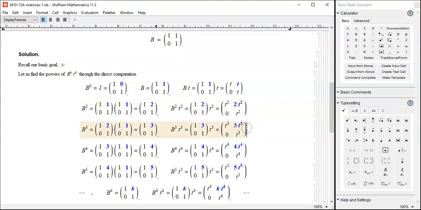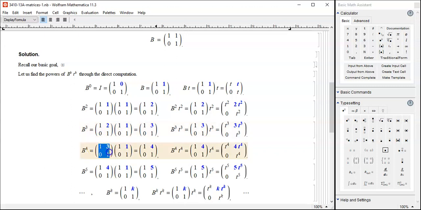How about t cubed? This is B squared, and then first row times first column: 1 times 1 plus 2 times 0, that's 1, no problem there. First row, second column: 1 times 1 plus 2 times 1, and that's 3. And multiplying t cubed, we get that. How about the next?